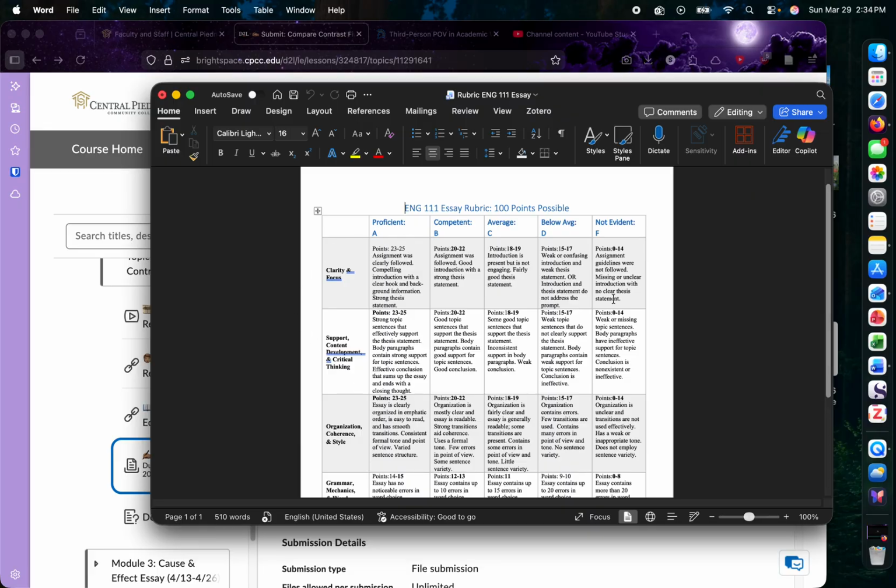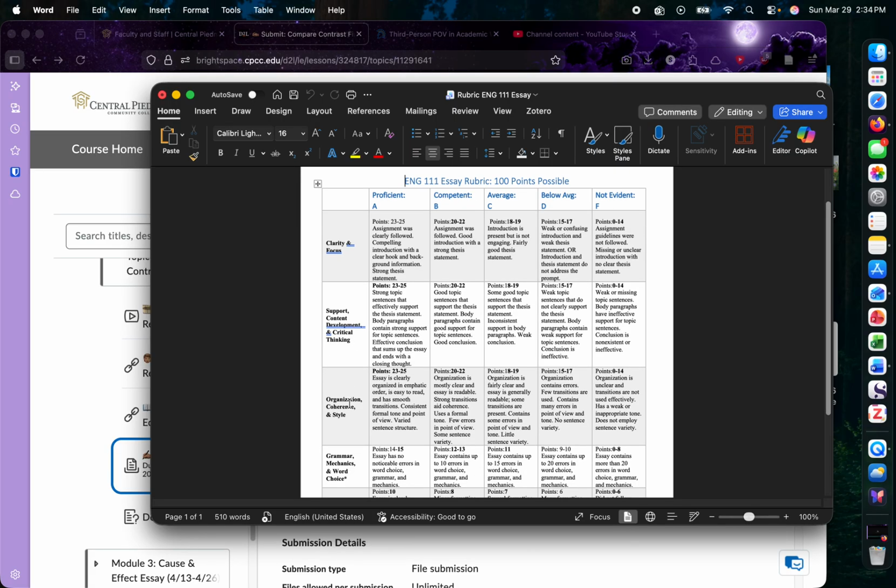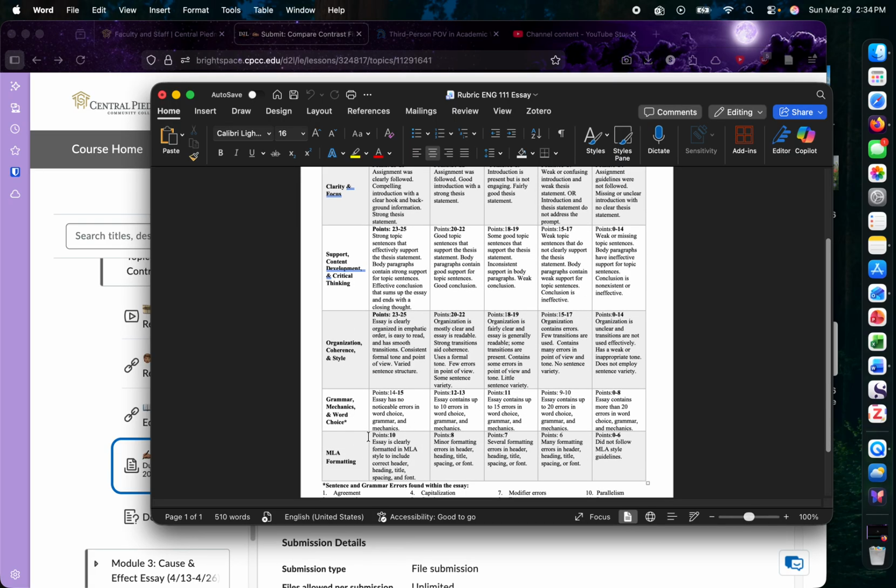These things up here at the top are the high value items, up to 25 points is applied to clarity and focus, critical thinking, organization, and then we get into the lower value information, which is the grammar, mechanics, etc., etc.